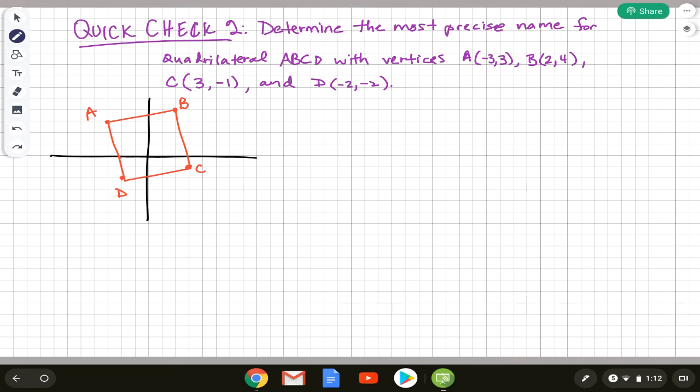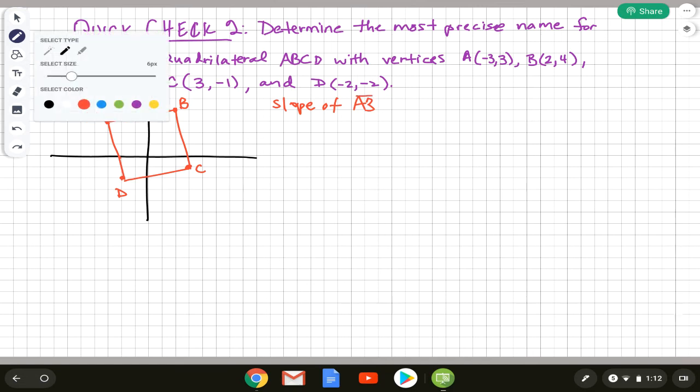So we're going to check our slopes again. I'll check the slope of AB first. I'm going to change colors and see if that helps my pen work better.